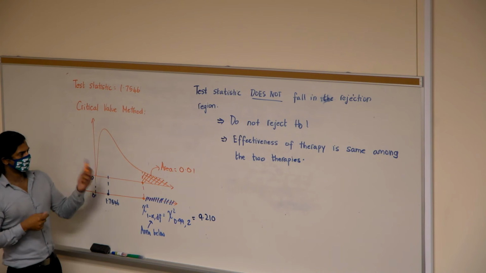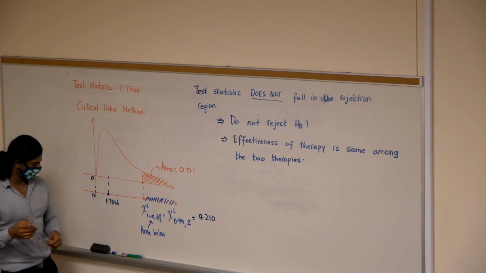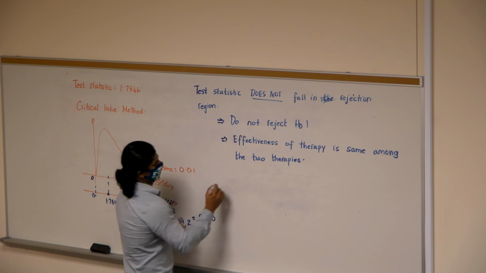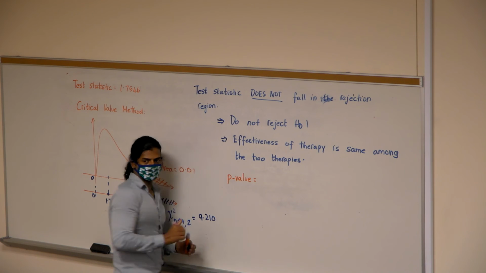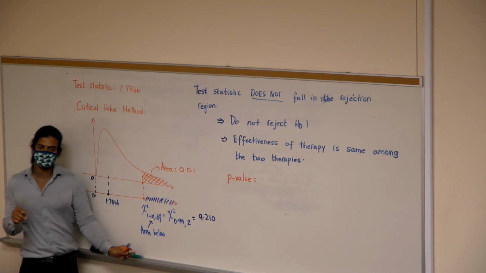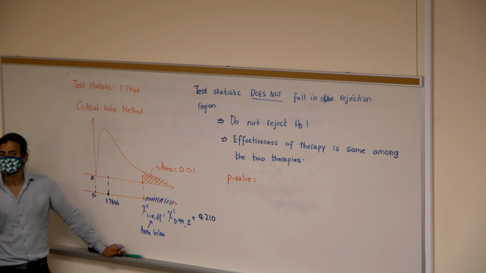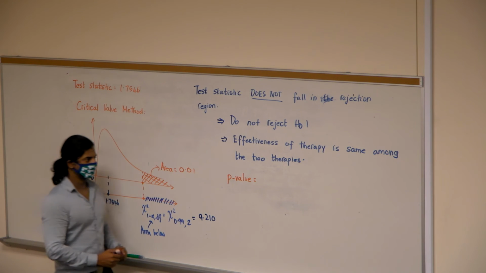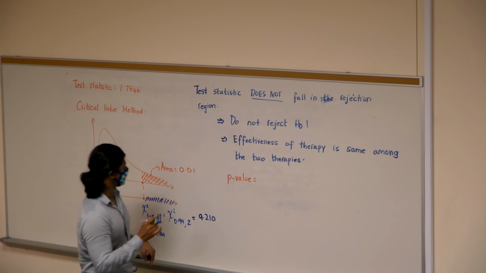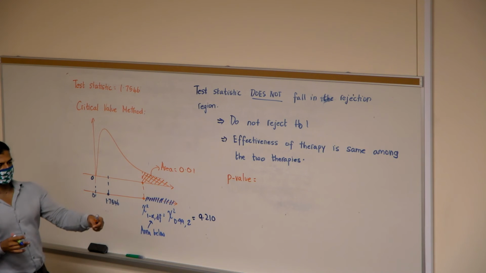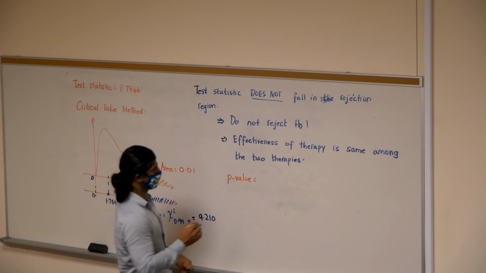And the second approach is to make use of the p-value. What function in the calculator do we use to find the p-value? Chi-squared CDF. But before we get to that, the p-value in this case is the area above the test statistic, because this is a right tail test.